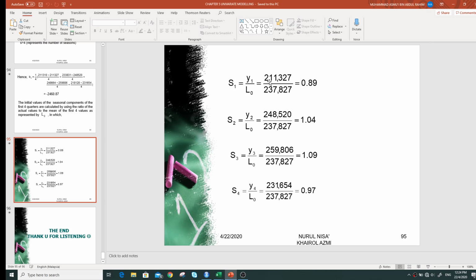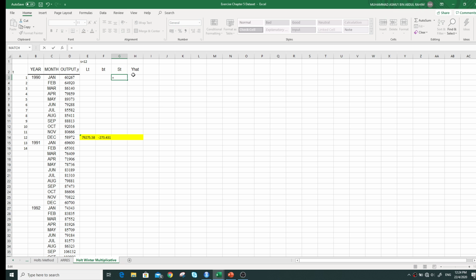Referring to your formula here: the first observation over L0, the second observation over L0. We have to fix this value so that the cell does not change when we drag. Leave this one empty. So this is the first setup when we want to estimate the Holt-Winters method.